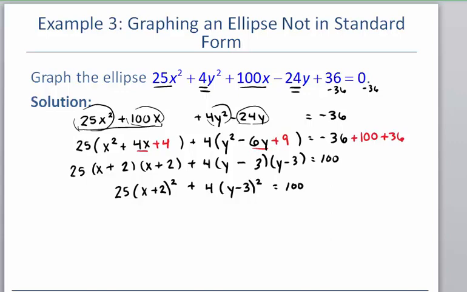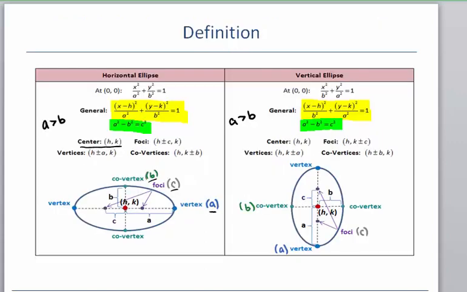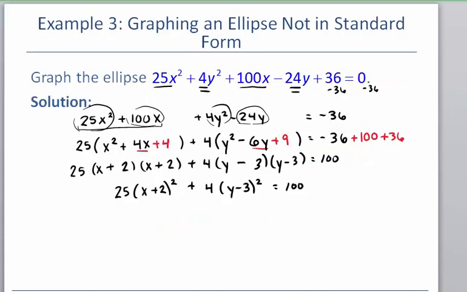Now, remember that in your ellipse formula, they need to be equal to 1. And so I'm going to come here to my formula and I'm going to do that by dividing every term by 100. That would cause it to equal 1 on the right-hand side.